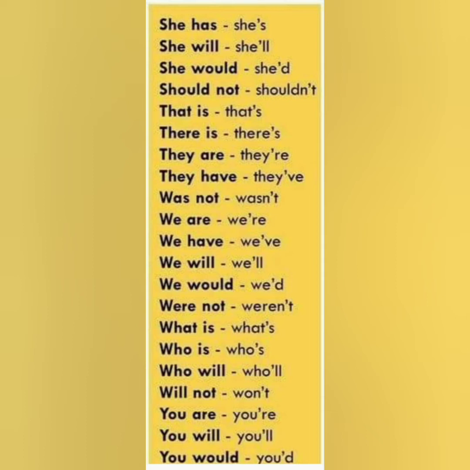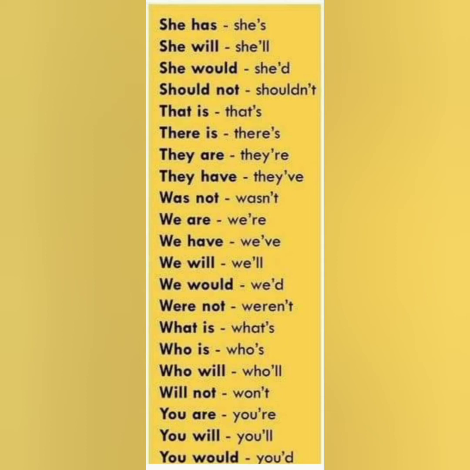And every time you will see that whenever we make the contraction form we have to omit certain letters, certain sounds, and we have to use the apostrophe to make the contraction form. So in this video you will see one picture after the other where I have given so many contractions, and that would help you to learn this way.